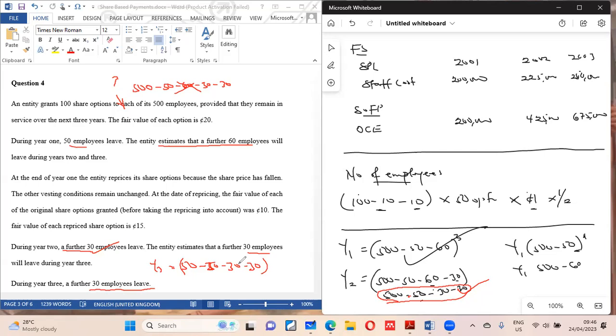Yes, I agree. So that's that. Because over here, we don't really need the estimates anymore. We need the actuals. Because 30 have left, 30, then the 50. So that is that. All right.